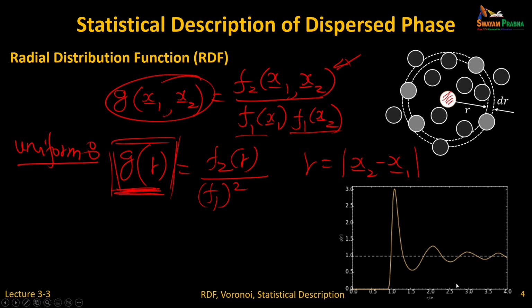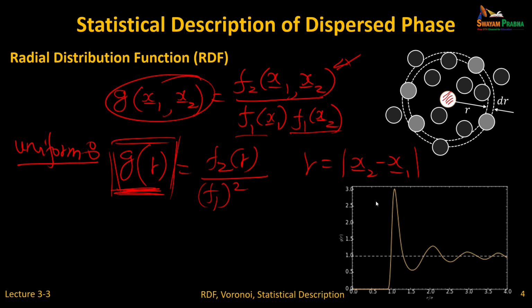Now, you may think this is not very interesting, what's the big deal? But when you're trying to calculate droplet collisions, agglomerations, etc., what you care about is, I have a droplet, what's the probability of a neighbor being around at, say, 5% volume fraction? Average volume fraction is 5%. What this is telling us is that very close to me, the 5% gets multiplied by 3.